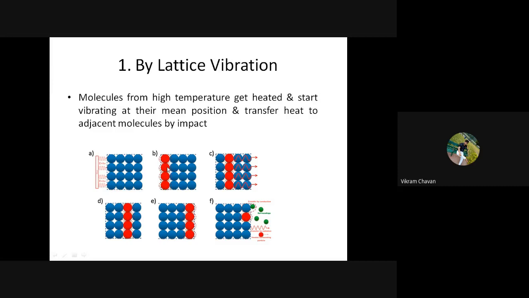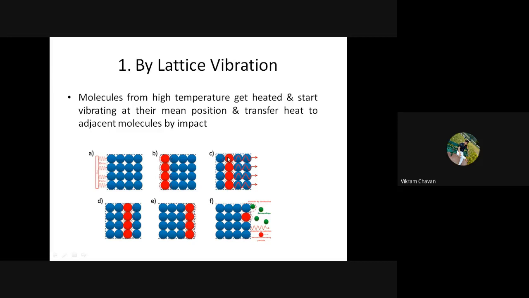They will not lose their position, but they vibrate at their mean position. While vibrating, they collide with the adjacent molecules, and during that collision they transfer the heat to the adjacent molecule.